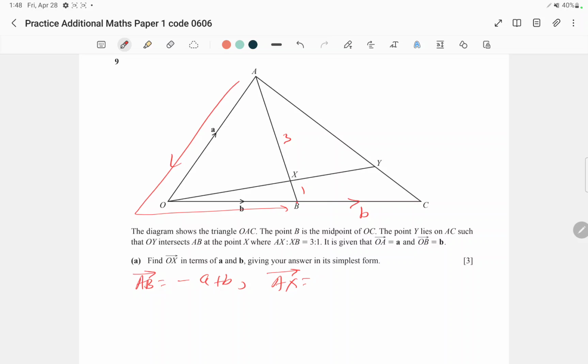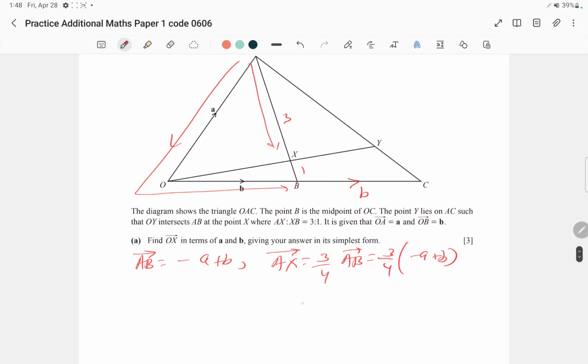Now AX, which is 3/4 of AB, which is 3/4 minus A plus B, or you can say XB will be 1/4 of AB, so 1/4 minus A plus B.